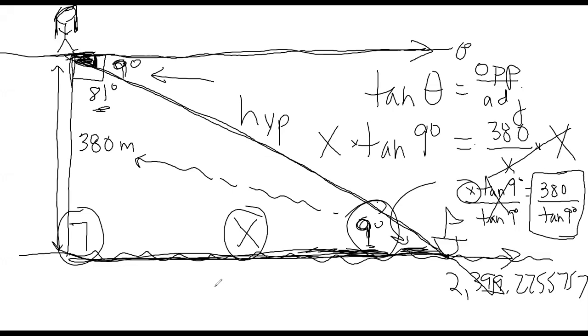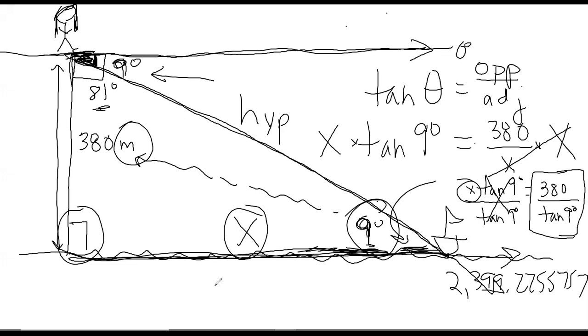I'm going to round this one to the nearest meter, that's what I was looking for. So that's 2,399 meters. Now, if you wanted to use the 81-degree measure, we can write that as well.